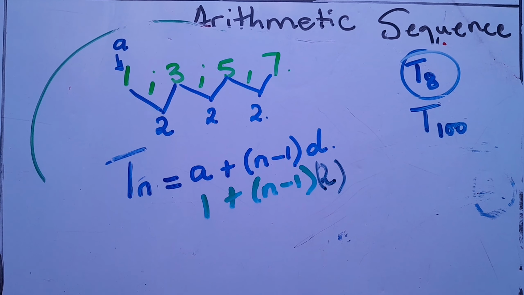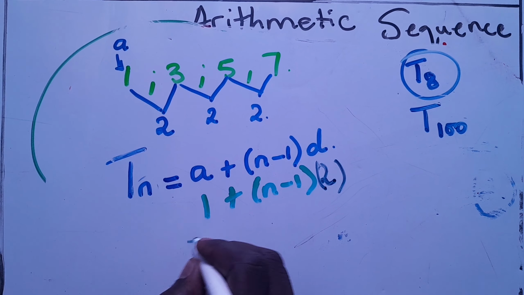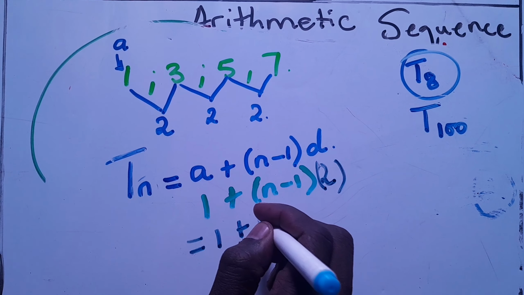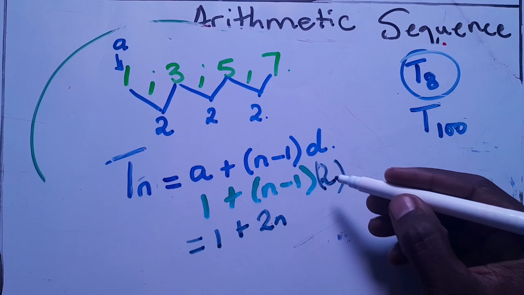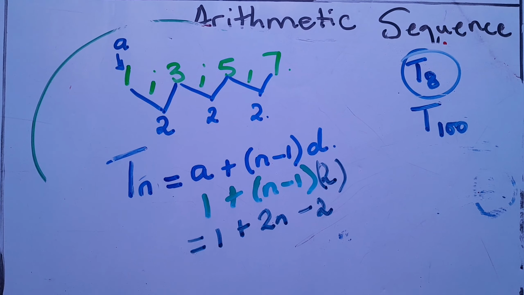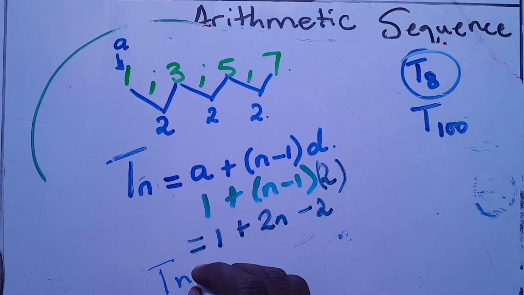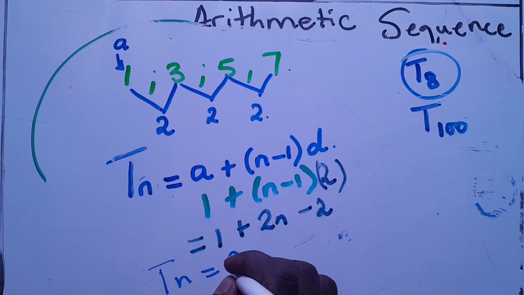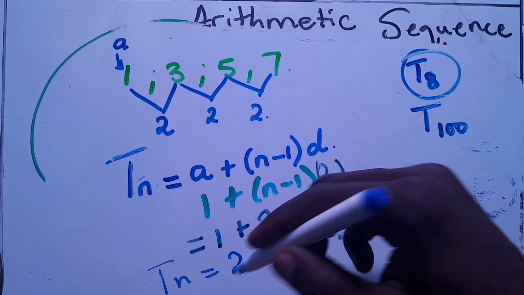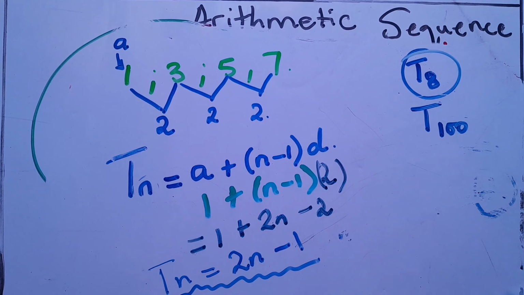So this now becomes 1 plus 2 multiplied by n gives us 2n, and then 2 multiplied by minus 1 is minus 2. So lastly, our general formula of this sequence becomes Tn equals 2n minus 1. So this is the general formula of this sequence.